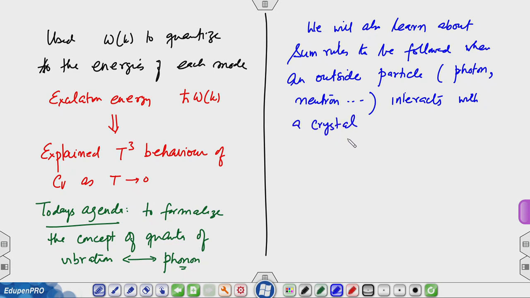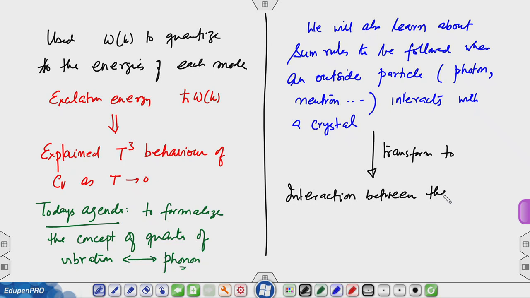And with the concept of phonon, this will be transformed into interaction between the external particle and phonons.